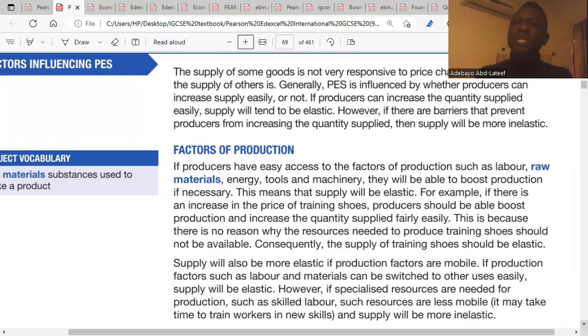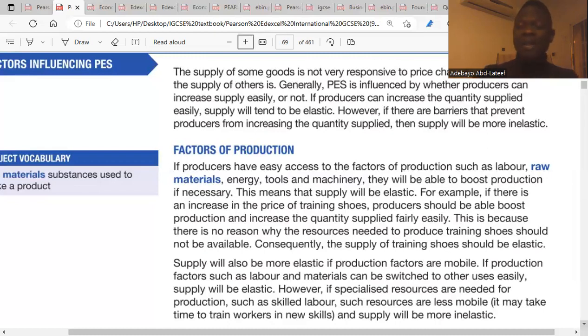The ease at which producers are able to have access to factors of production would make supply elastic. If producers have access to land, labor, and capital, production can easily take place, so they can adjust to producing more as a result of a change in price.